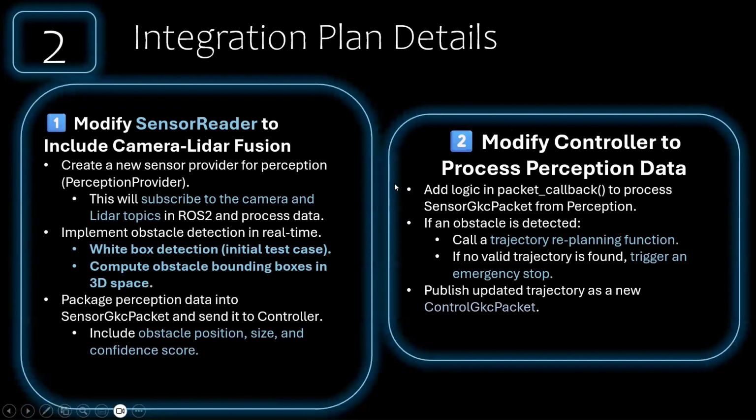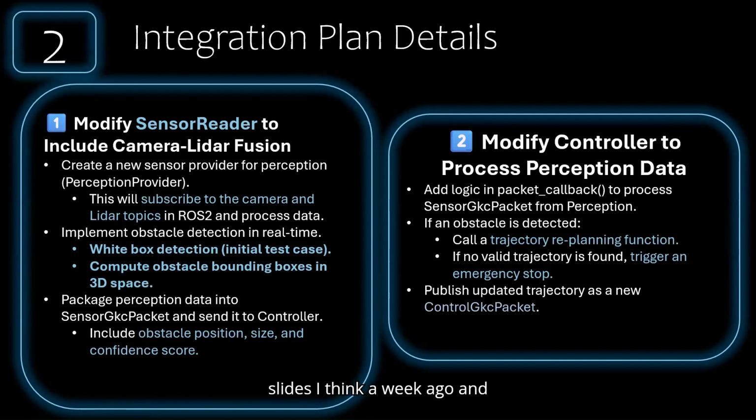So what are the integration plan details? It's all nice to talk about, but how are we actually going to do this? Some ideas are laid out here. Our first step would be to modify the sensor reader to include this camera LiDAR fusion. I've already actually interfaced with the sensors.